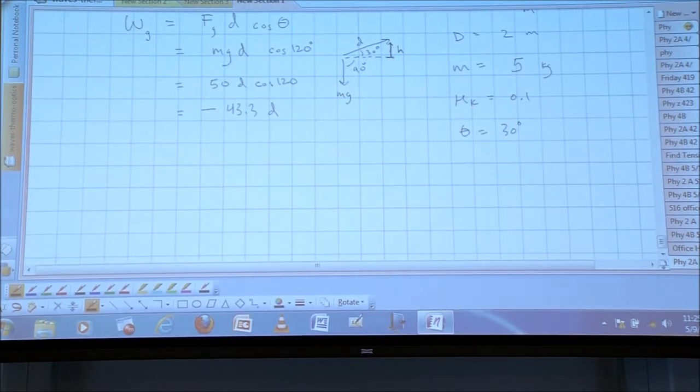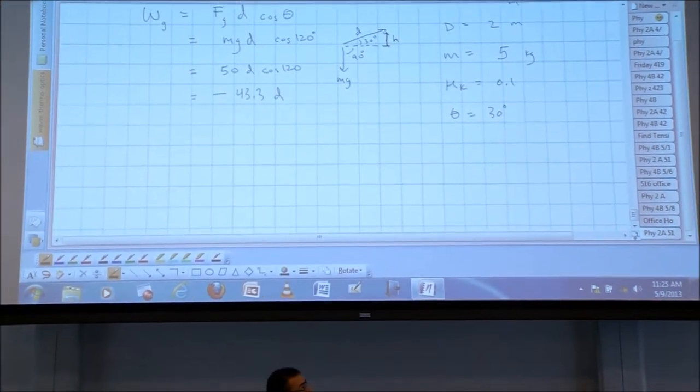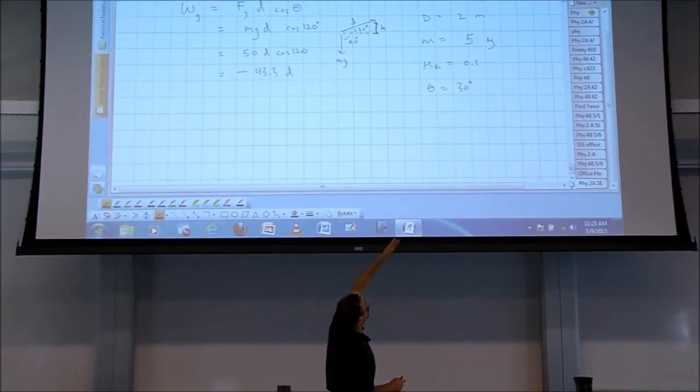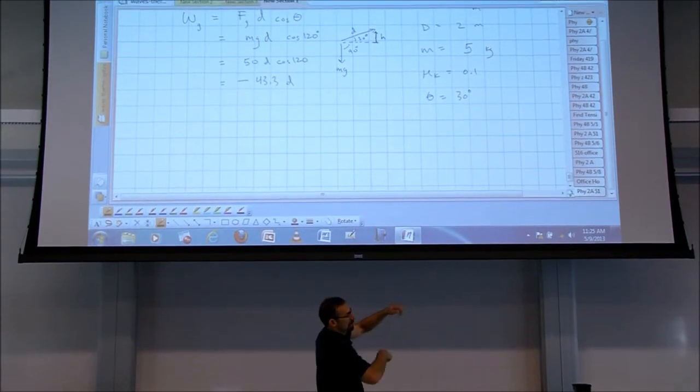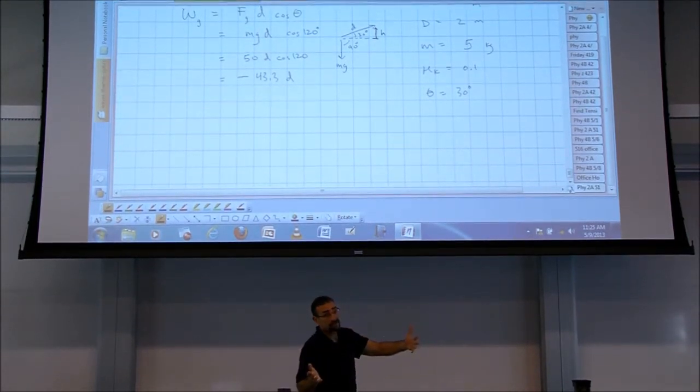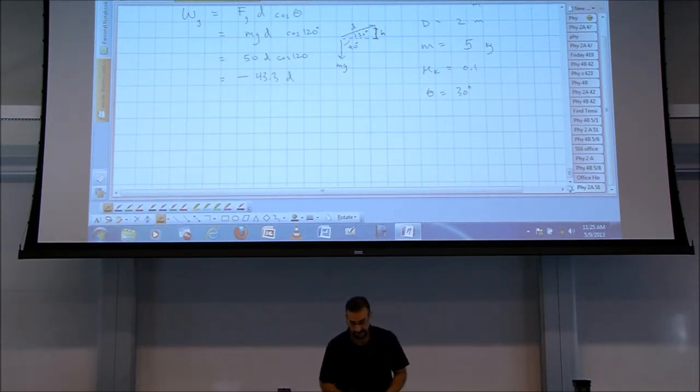So the force of gravity, we could have said it travels a distance d at 30-degree angle with the force of gravity down, or we could say it goes straight up a distance h with the force of gravity straight down. What do we get when we do that? H is going to be d sine 30, right?